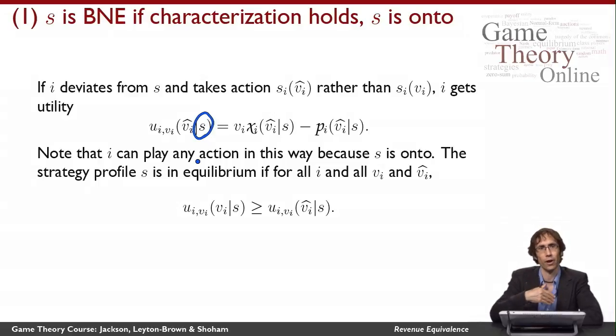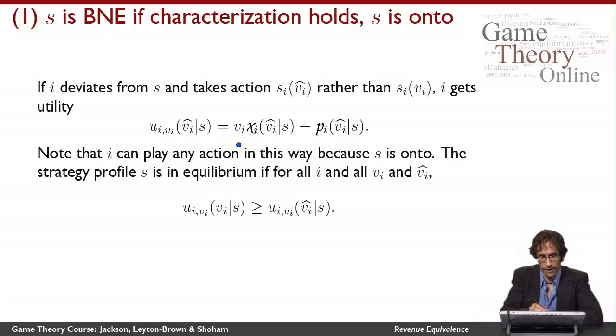He applies the strategy profile S to his incorrect type V hat I. So this is the ex interim expected utility of agent I for misreporting his type in the strategy profile.